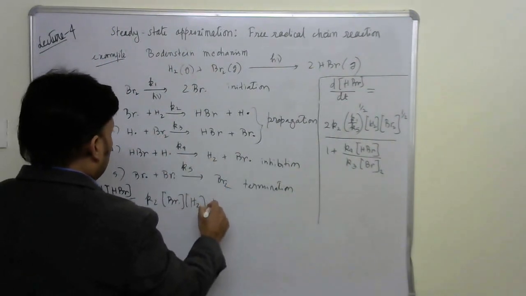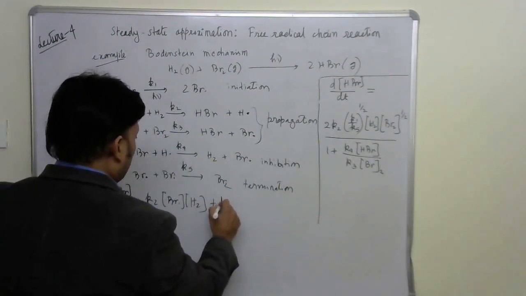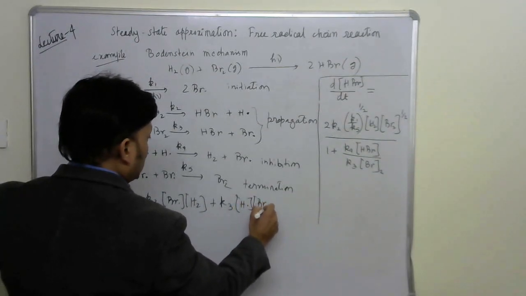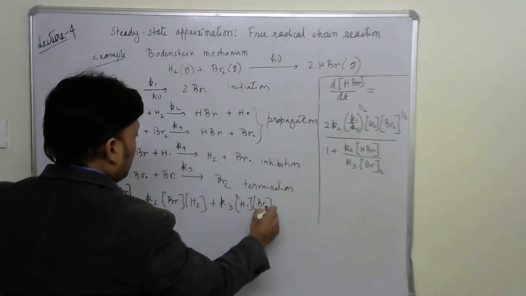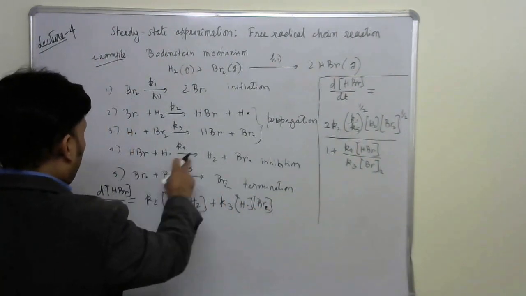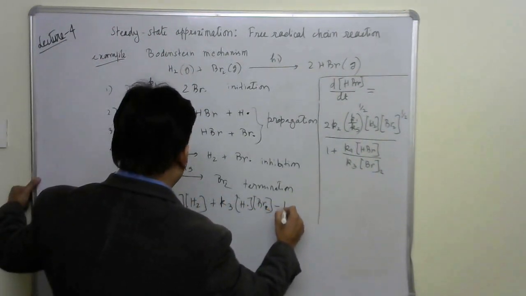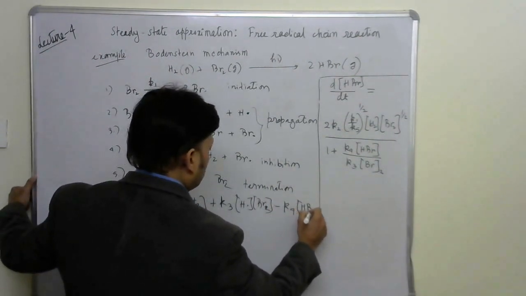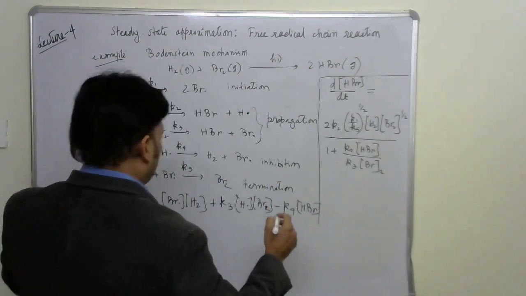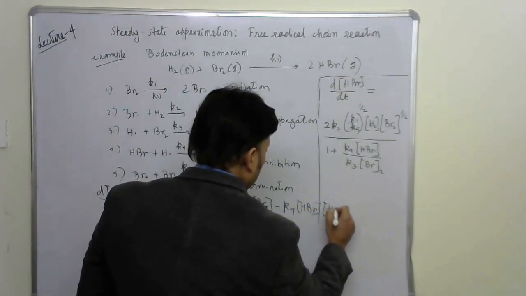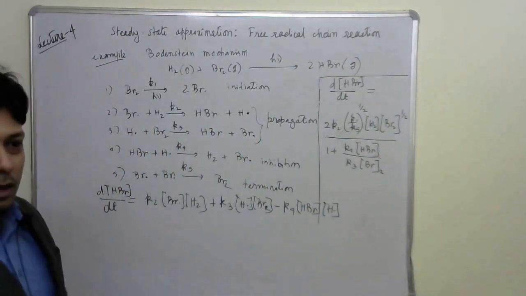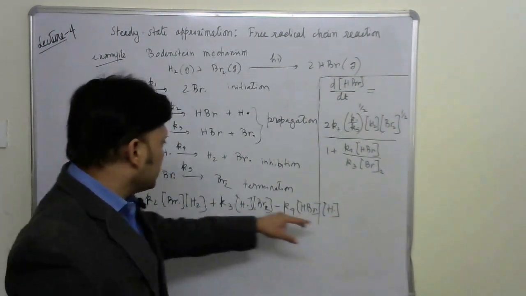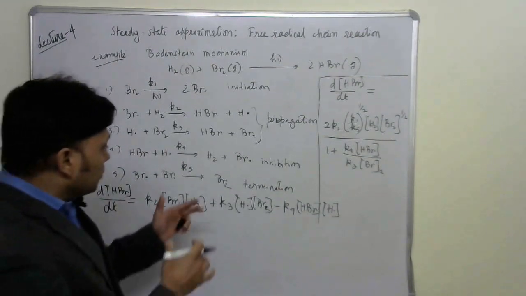Also plus, it is getting formed from the third step, that is K3 multiplied by H dot and Br2. And then it is getting consumed in the reaction by minus K4 multiplied by HBr multiplied by H dot. So this is the first initial step we can write, and from that we have to develop.